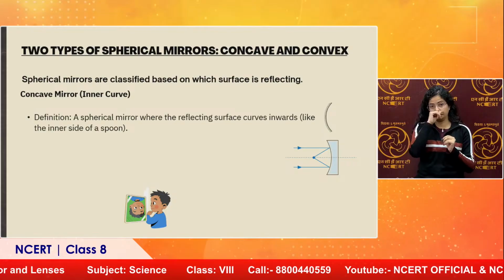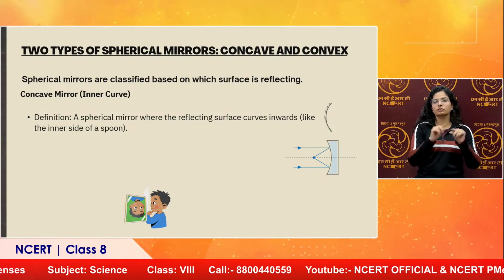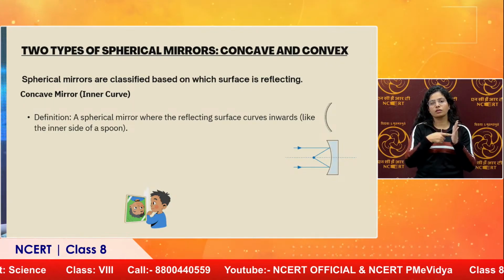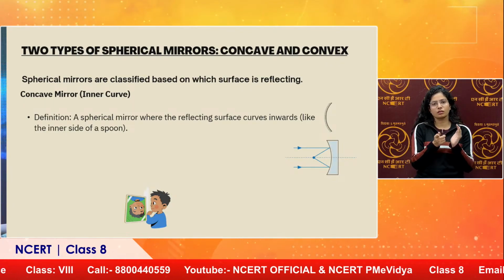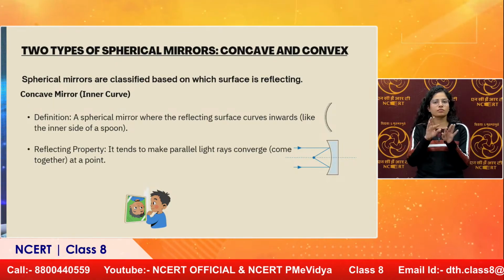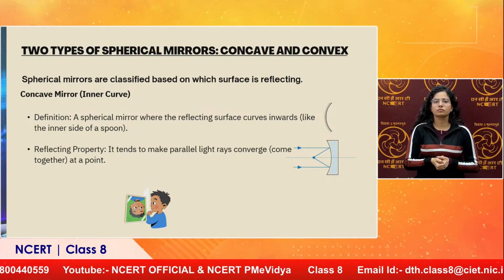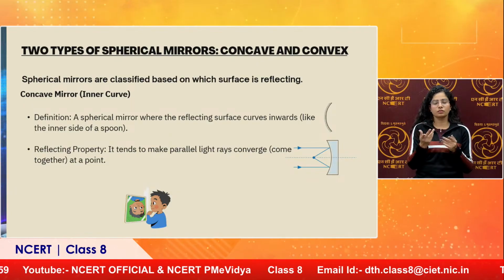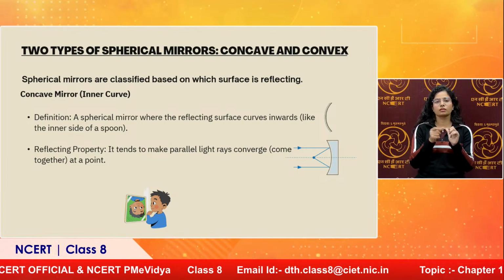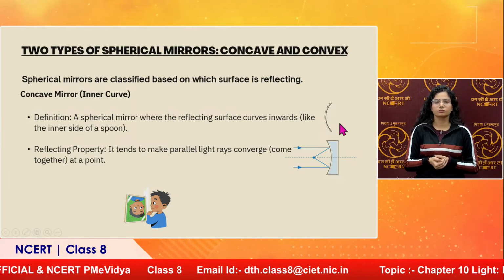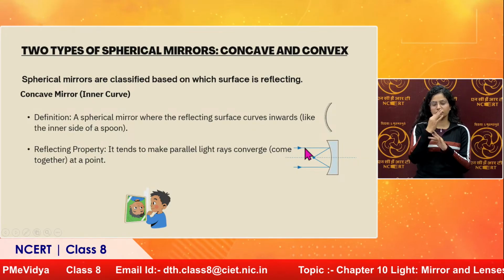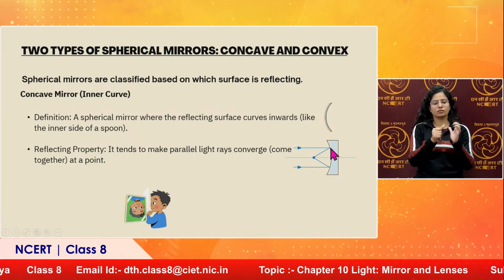Next, the definition: a spherical mirror where the reflecting surface curves inwards, like the inner side of the spoon. That's why I took the example of the spoon first. Next are the reflecting properties, which is something very important. It tends to make parallel rays converge at a point. These are the rays coming from an object.